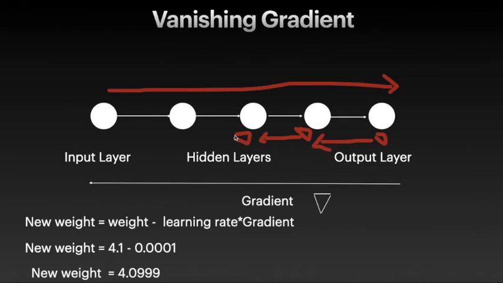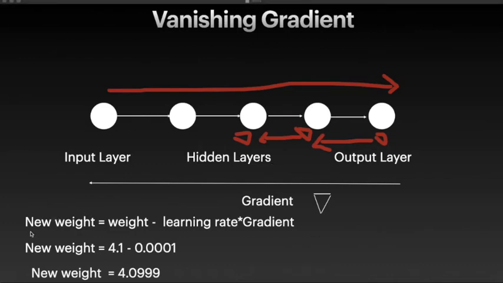So if my number of hidden layers and number of neurons are very, very high, then there will be a point when there is not any learning in our whole network. I'll give an example on this.